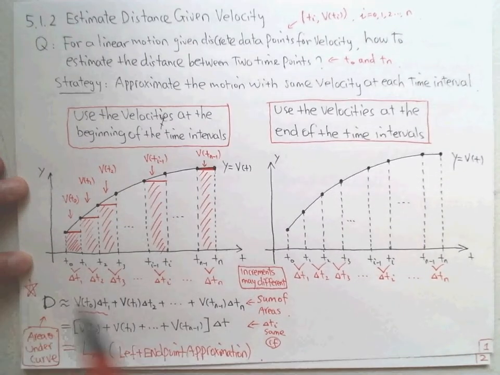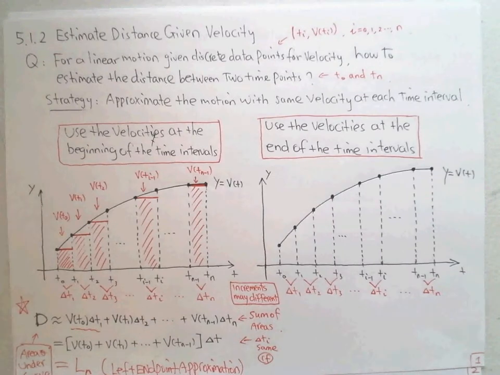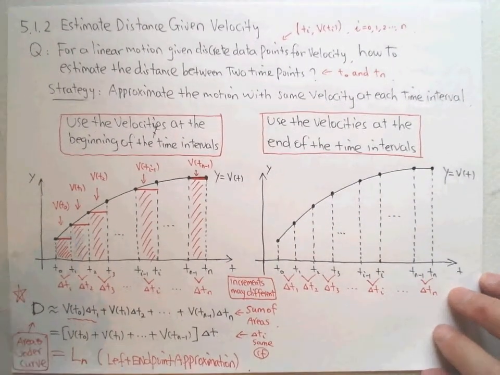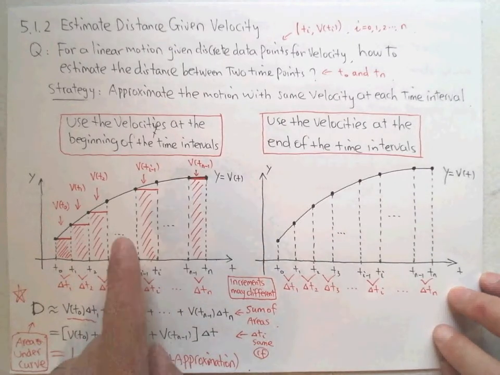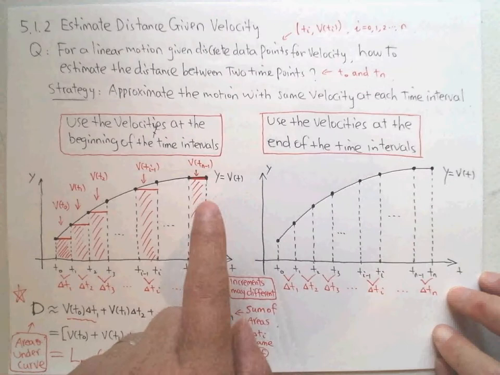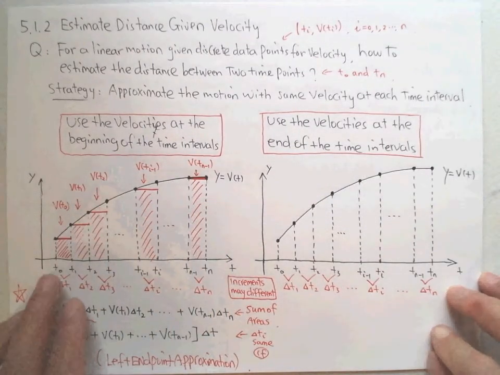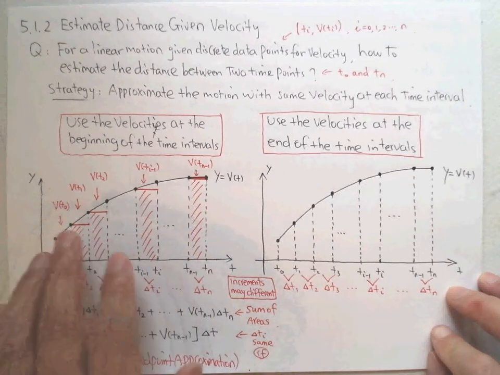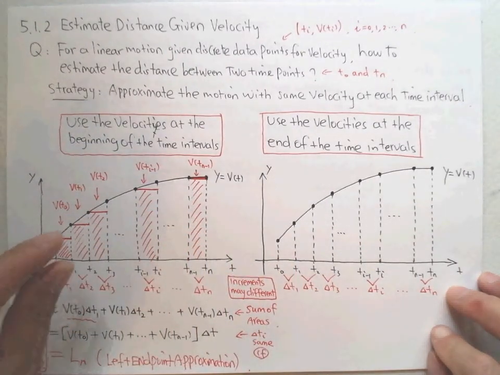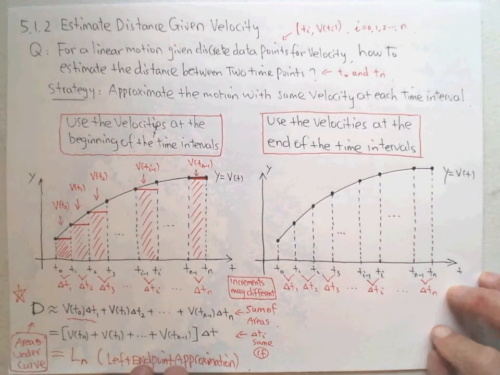Okay, so we find the idea. This is how we can find the distance the particle moves from t_0 to t_n by approximation. And finally the distance exactly equals the area.